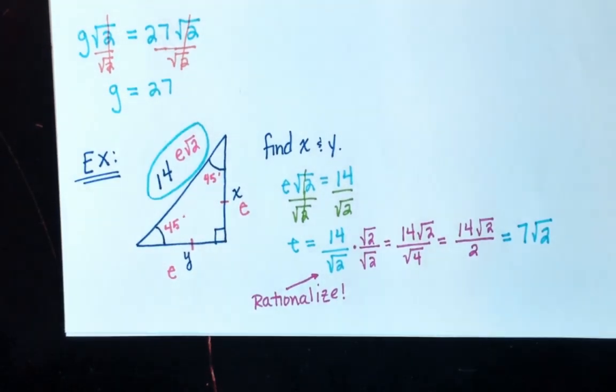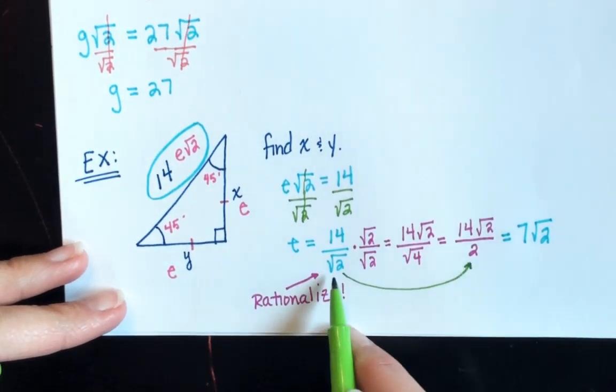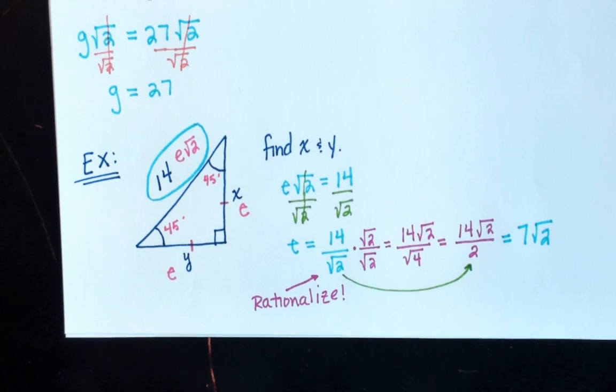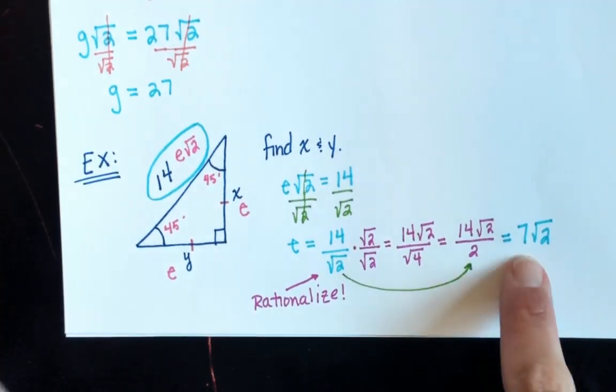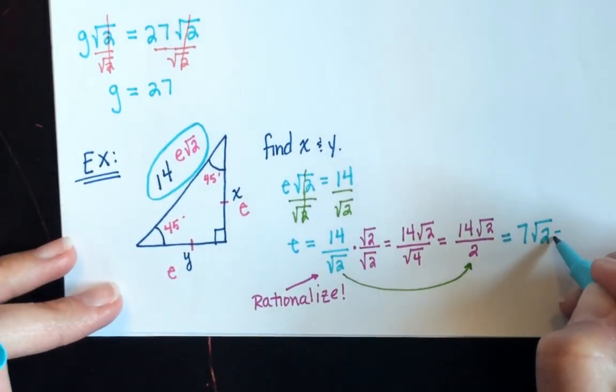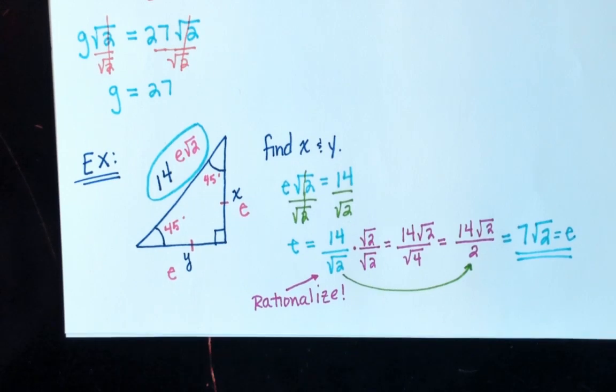Now, there are some of us out there, to be quite honest, that will be able to jump from here to here when we start recognizing that pattern will repeat. So now everywhere I see e, I get to plug in 7 radical 2.